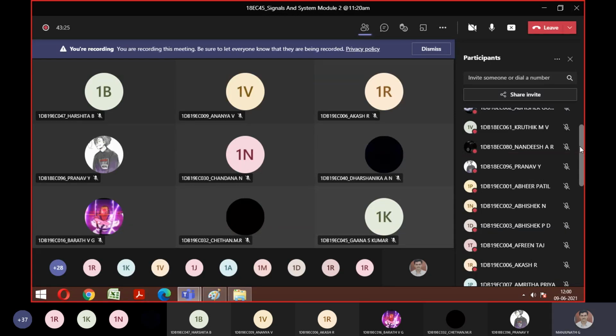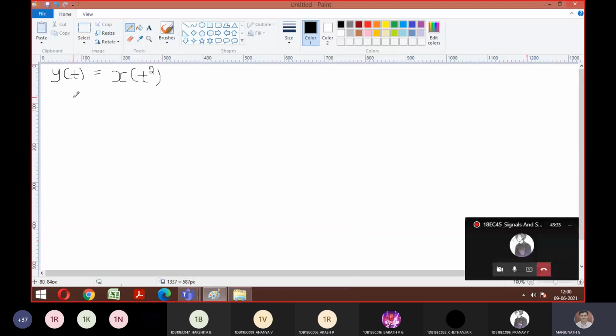Yes or no? Others, those who told only dynamic as the answer, are you able to understand now? I need to give the values of t. If I give t is equal to 0, there is no difference. It is same only. Even if I give 1, it is 1 only. But look at t from 2.